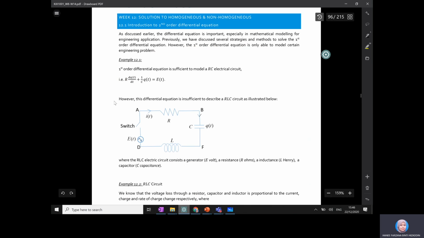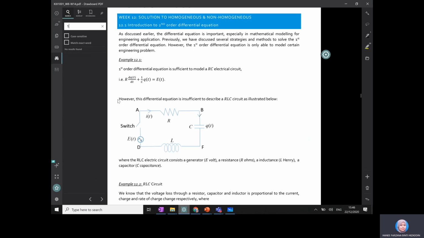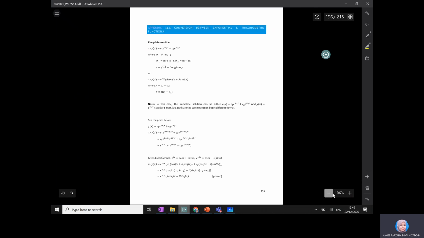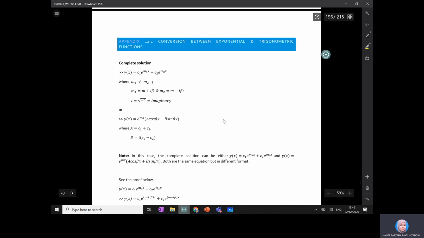I'm just going to show you here. Appendix 12.1. So you can see here the conversion. This is Euler's definition of the exponential in terms of cos and sine.